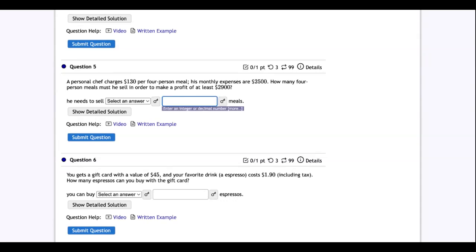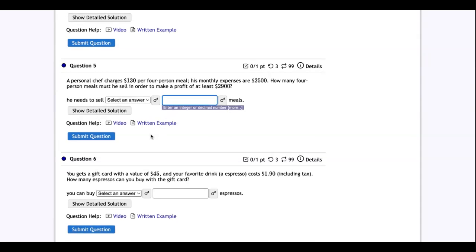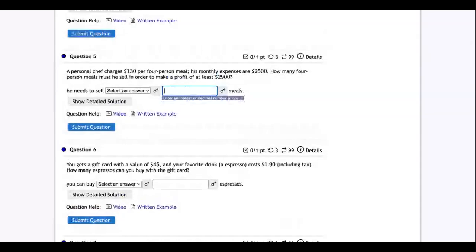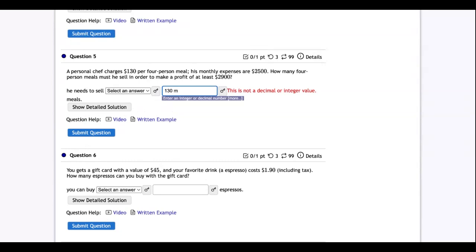So let's call each 4-person meal M, right? And for each meal he charges 130. So 130 times M will be the money he gets from selling 4-person meals.